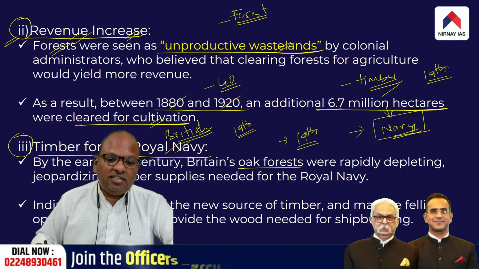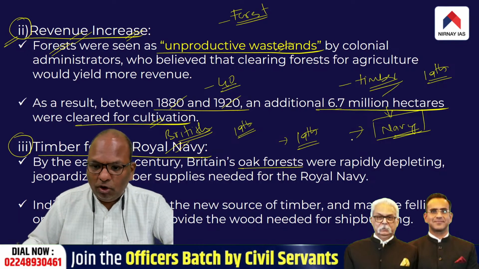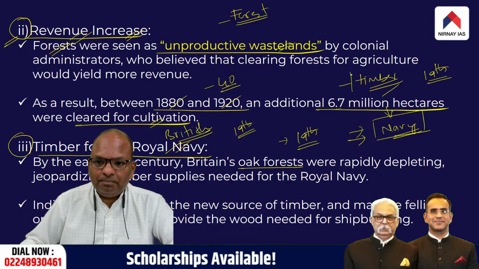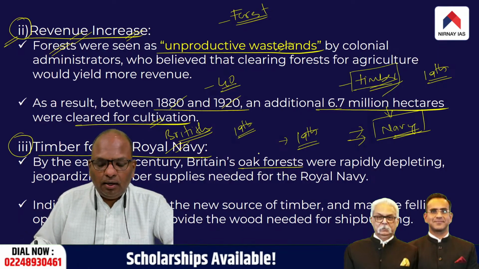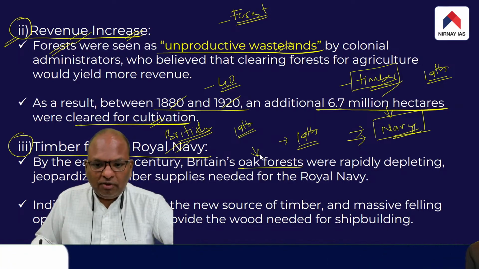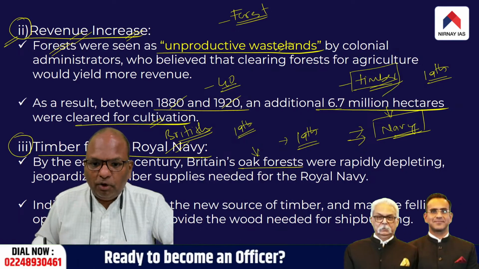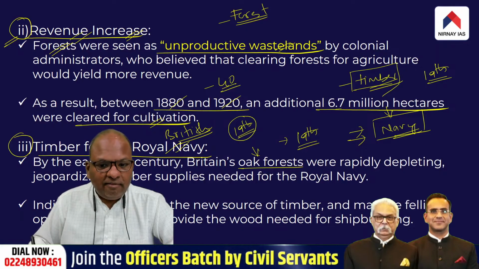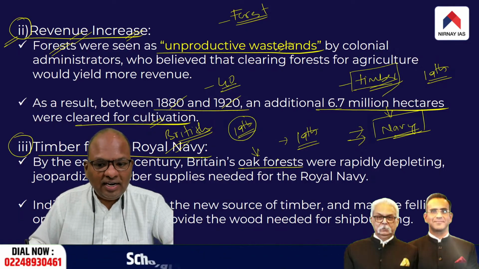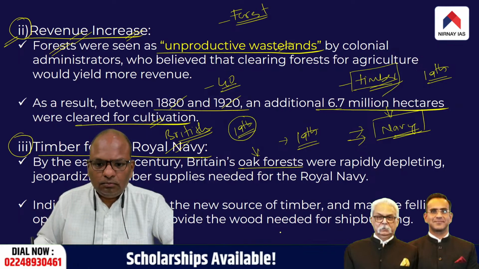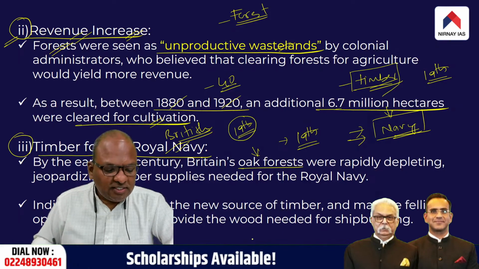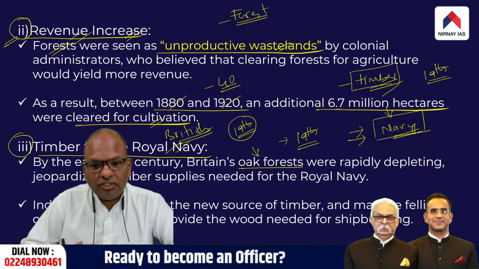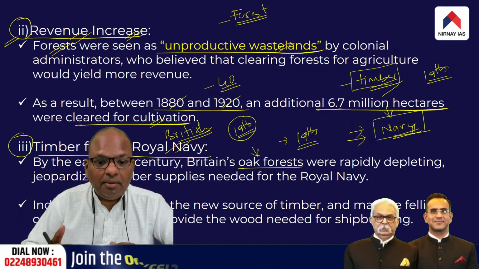So the British did have a very powerful navy, and to build ships, the British used timber, particularly the oak trees. But by the beginning of the 19th century AD, the availability of oak tree in England began to fall, and therefore, immediately search parties were formed and were sent to India to look for good quality timber.